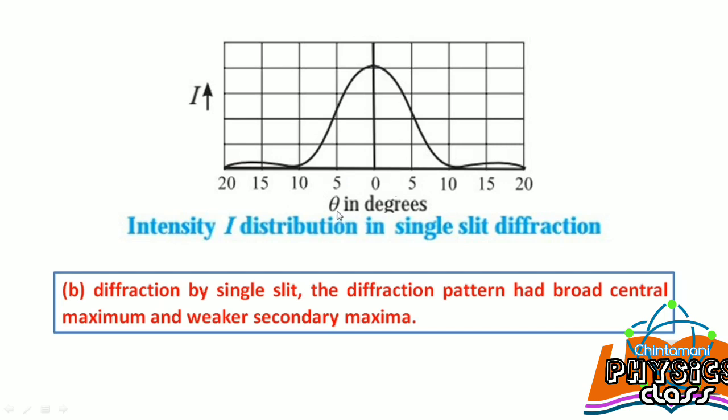But as the value of theta changes, we get the corresponding secondary minima, and these maxima get weaker on both sides. This means the diffraction pattern by a single slit has a broad central maximum and weaker secondary maxima.